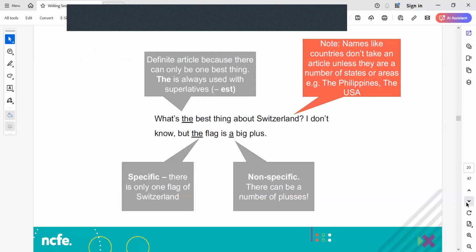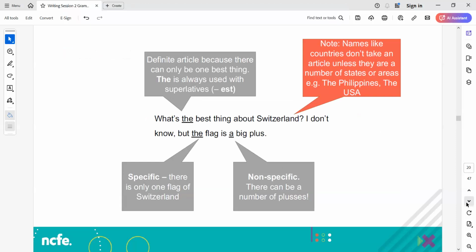So another example here. What's the best thing about Switzerland? I don't know, but the flag is a big plus. So it's starting here using the with the first example of an article in this example. The best thing. So if it's a superlative, which means the best, the greatest, the worst, so it's the most extreme, the superlative, it will use the, because only one thing can be the best.